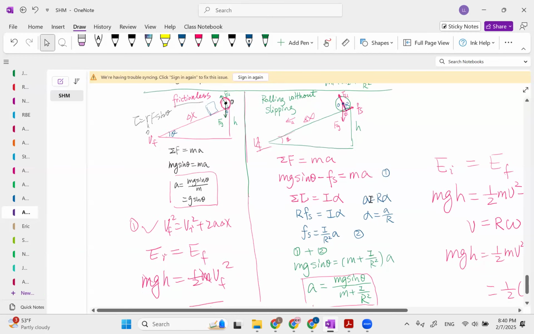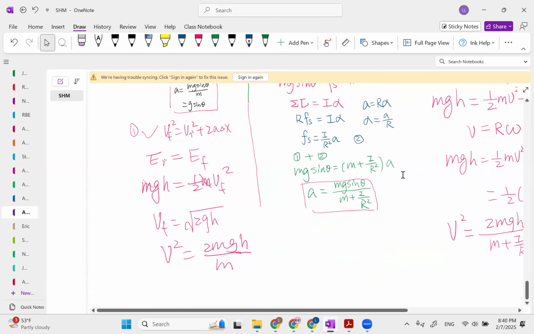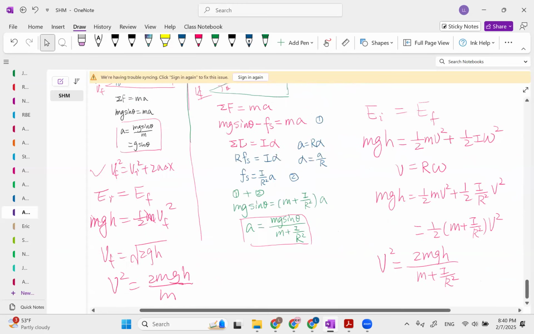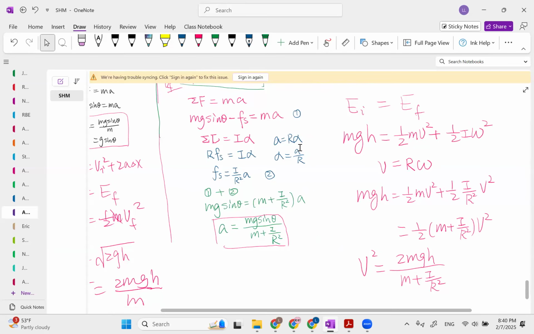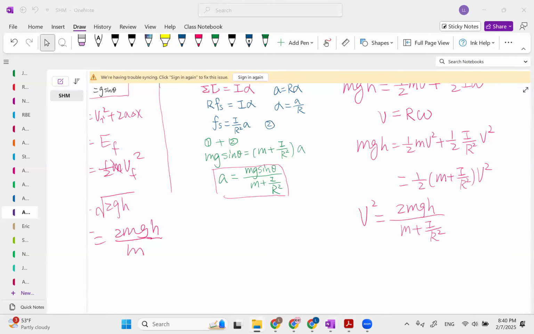And then for rolling without slipping, remember it's static friction creating torque, not FG or FN, right? And then you can use energy conservation for both. The difference is on the right side, you have both translational kinetic energy and rotational kinetic energy. That's why the speed will be smaller. Do you see that? So this is rotational kinetic energy.